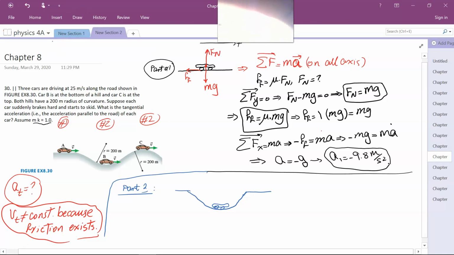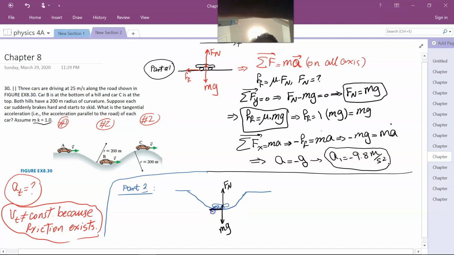Let's verify forces very quickly. What is this? mg. What is this one, guys? Fn. Your car goes on the tangent axis, correct? So my friction force will be in the opposite direction. This is Ff. Pay attention here.